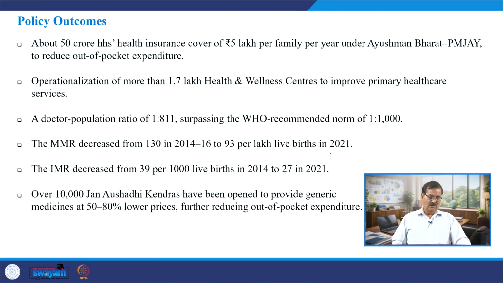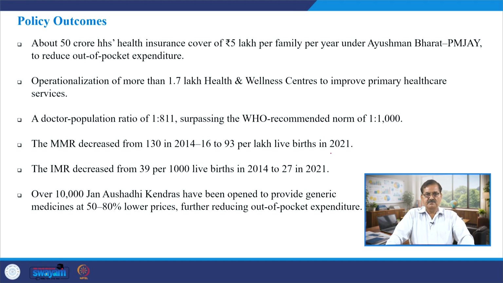Let us now also know what the policy outcomes are. There are a few points which we can discuss here. First is 50 crore people's health insurance cover of 5 lakh per family under Ayushman Bharat PM-JAY to reduce out of pocket expenditure. This is one of the important achievements.